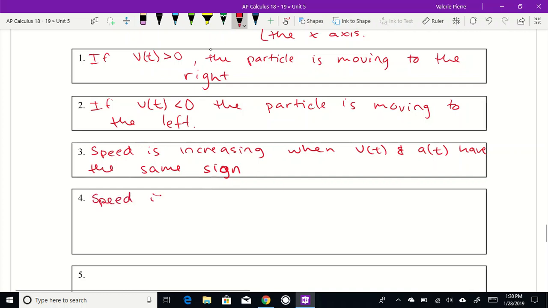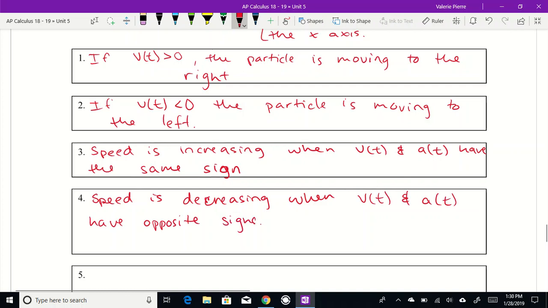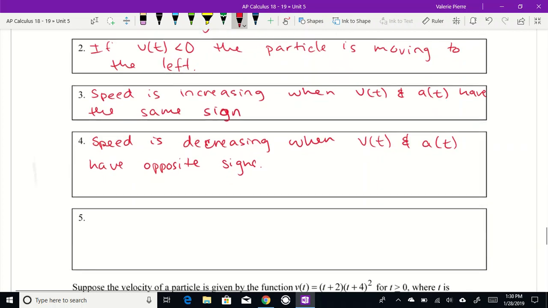Speed is decreasing when v of t and a of t have opposite signs. So if velocity is positive and acceleration is negative, we're decreasing in speed. And if velocity is negative and acceleration is positive, we have decreasing speed.